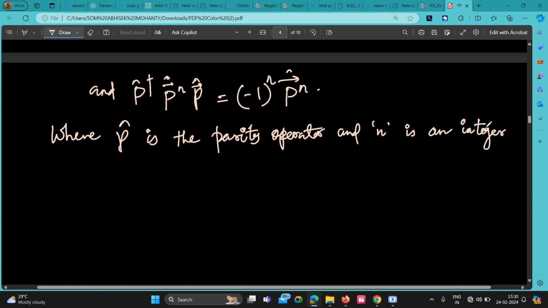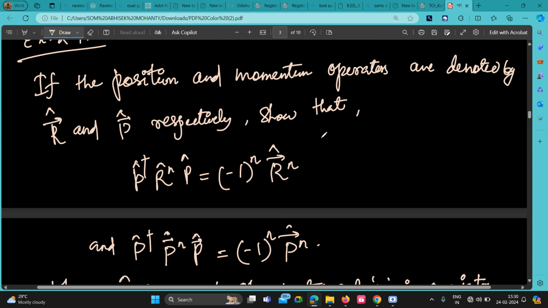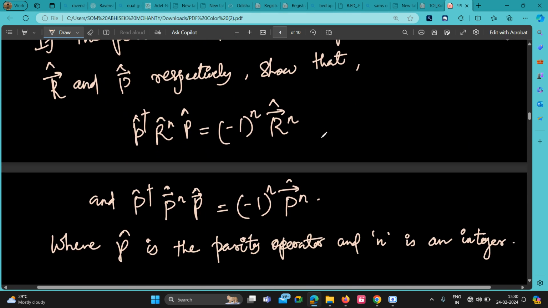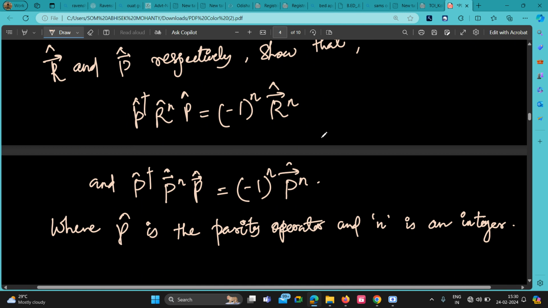Okay, if the position and momentum operators are denoted by R and P respectively, show that these hold, where P is the parity operator, n is an integer. Okay, try this question.